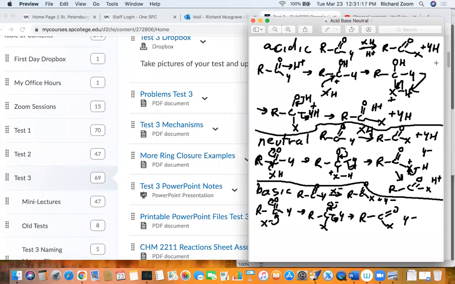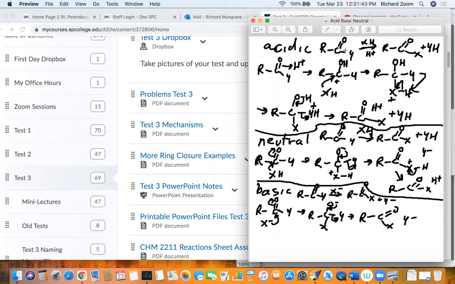And once you know that, you can see what the product is going to be. If you look at the general pattern for each, it's going to be identical. You'll see that the Y, which is the group on the C double bond O, gets replaced with the X group, and then the H that's with the X joins with the Y, or Y minus in the case of the negatively charged one.